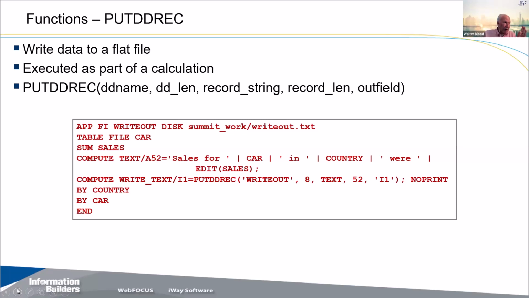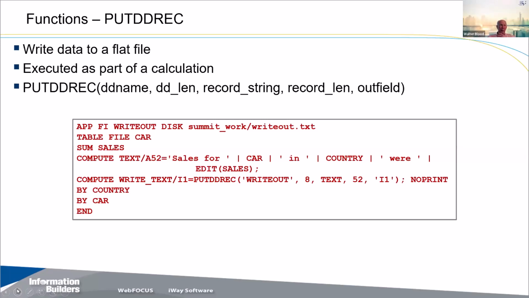It involves file defing an output file, which is what we do. We see the app file write out disk to write out.txt. In order to use PUTDDREC, you have to use it in a compute. And typically, you do not want to see the output of PUTDDREC because you're writing to another file.